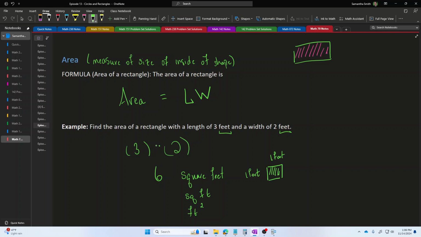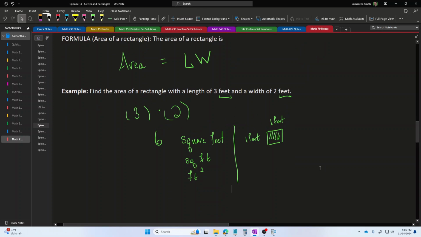I have an amount of area in my rectangle that is equal to 6 of these because I have 3 feet of length and 2 feet of width. So I have 6 square feet, 6 little squares making up the size of the inside of this rectangle.